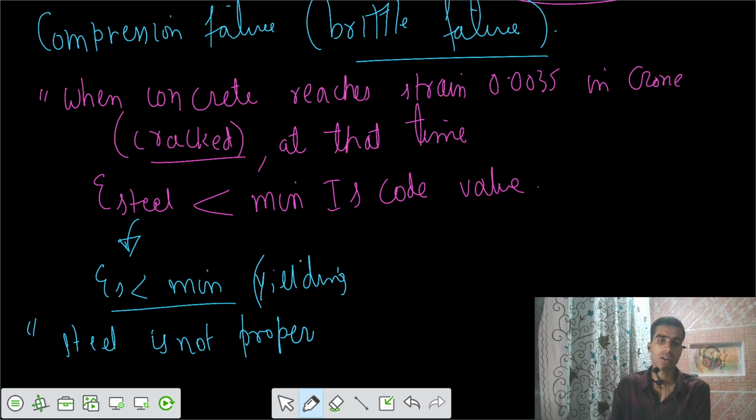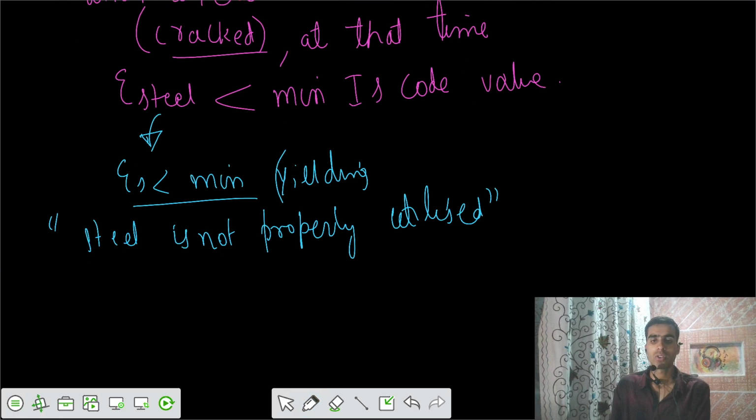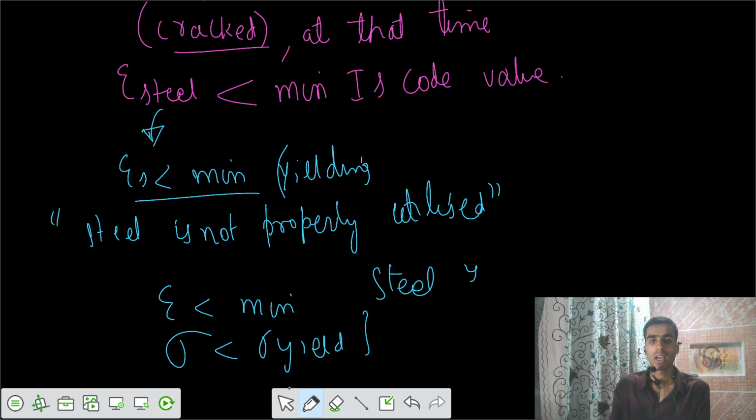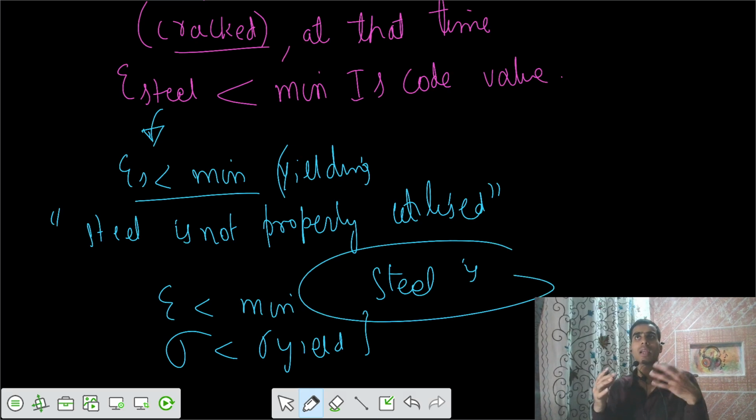So the code does not recommend that steel be used in this case, because once your strains are lesser than the minimum value, that means stresses are lesser than the yield strength also. So your steel is of no use. We are trying to use the steel for its capacity to resist the tensile stresses.